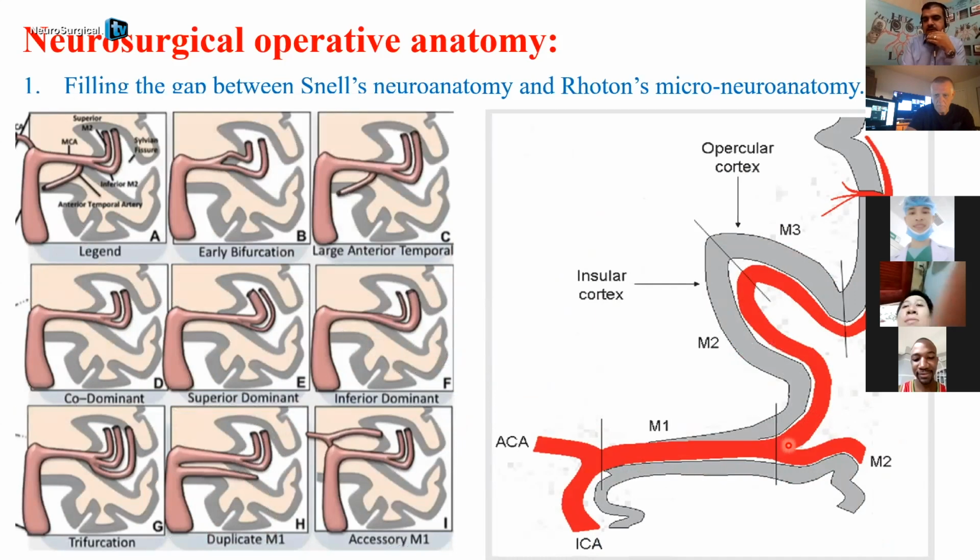And these are the parts of the middle cerebral artery after bifurcation. In the proximal sylvian, we call this the sphenoidal part. Then the second part is longitudinal, which is the insular part. The third part is the opercular, and the final part is the cortical branches. So this illustration is more scientific, it's a neurosurgical illustration, we can use it.